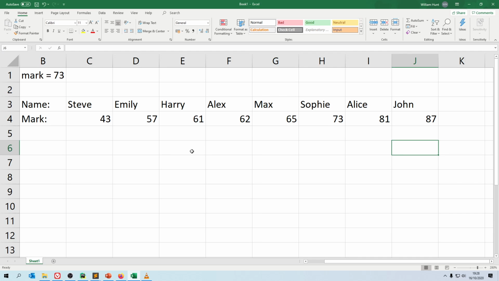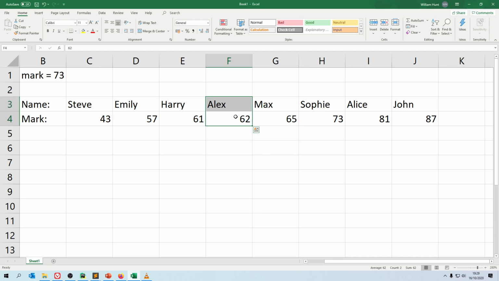The second example is something called binary search, which is a little bit more complicated, but essentially people call it divide and conquer. What we're looking at is a higher or lower approach. So what we do is we look at the data and we take the middle point, which is about here, and we say, right, the middle point of the data, the answer is 62. Is that more or less than 73? That's less than 73.